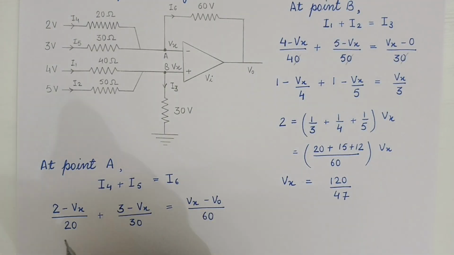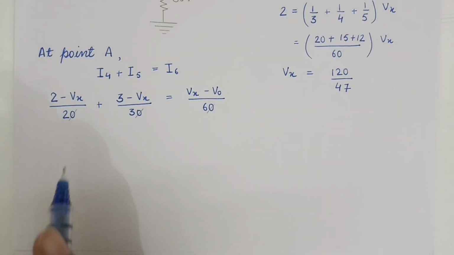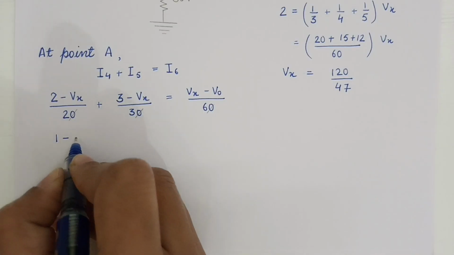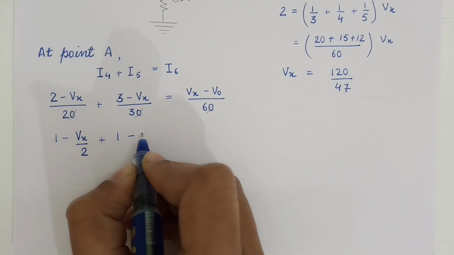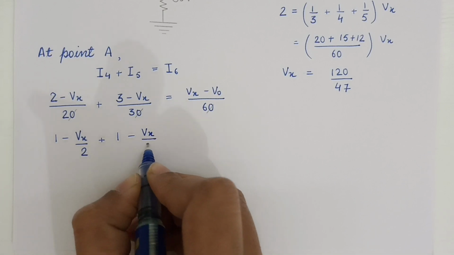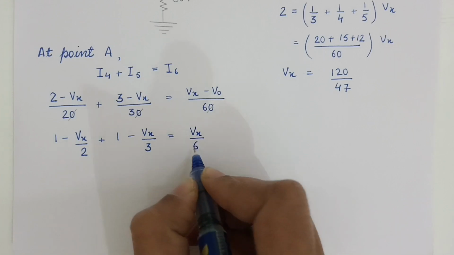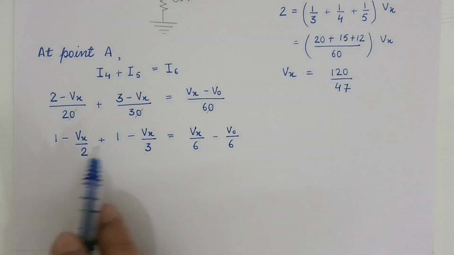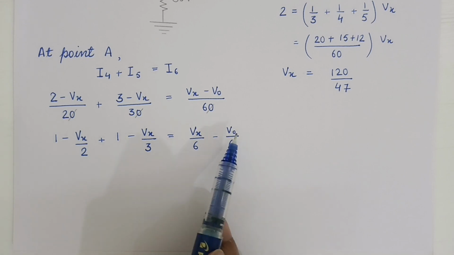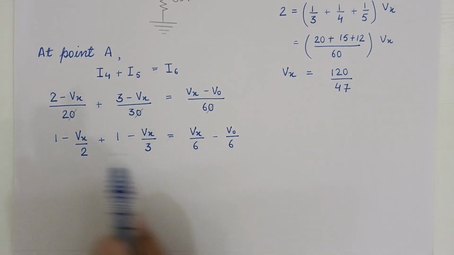Let's solve it. Cancel out the 0. Again following the same process, 2 divided by 2 is 1. So 1 minus Vx divided by 2 plus 1 minus Vx divided by 3 is equal to Vx divided by 6 minus V naught divided by 6. 1 plus 1, 2. And let's take this minus V naught by 6 to the left hand side and the rest of the terms to the right hand side.